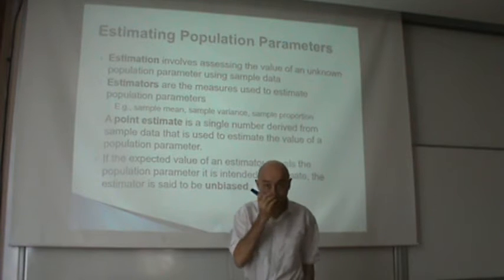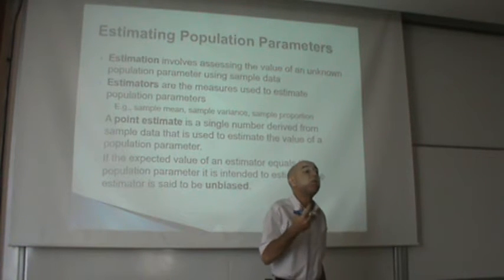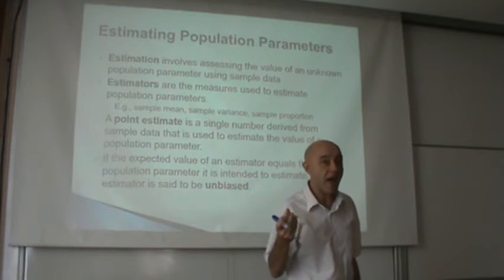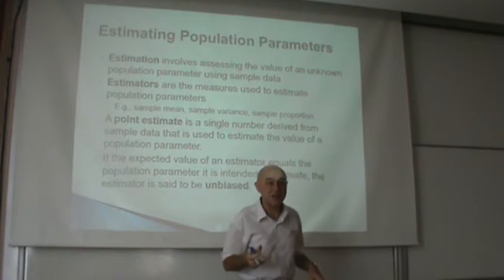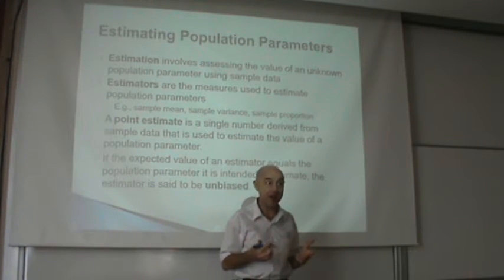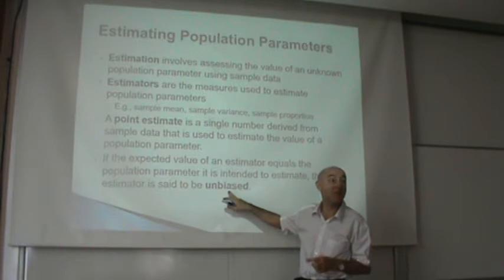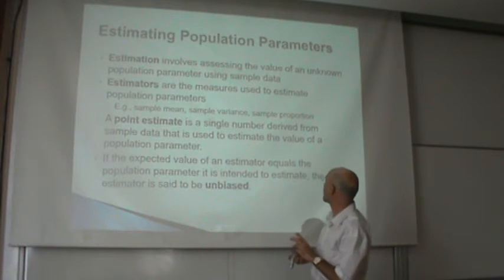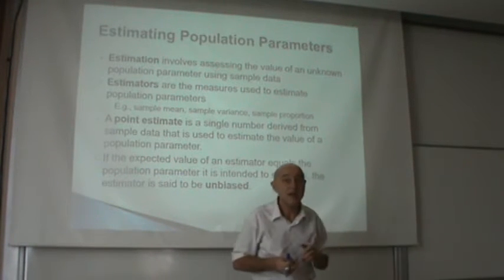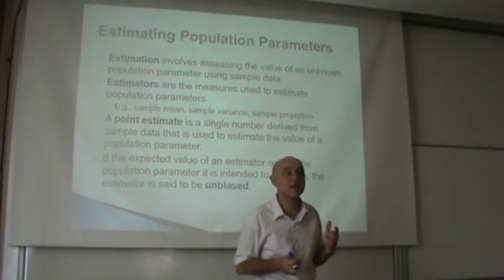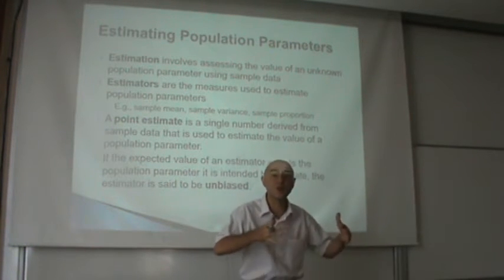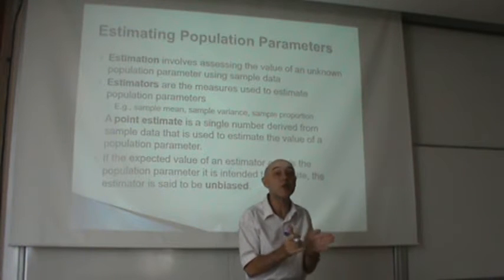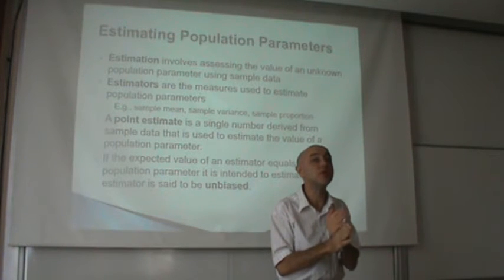The next one. When you use a formula, the formula may be good, the formula may be bad. One of the key characteristics of a formula that you use will be whether the formula gives a biased estimate. Biased estimate means, well, it's got very many different definitions, but the simpler definition of a biased estimate is as you increase the size of the sample, whether the estimate will approach the true value.